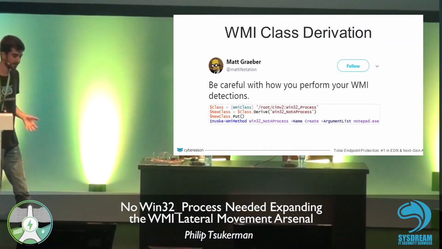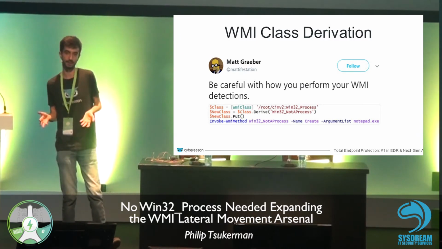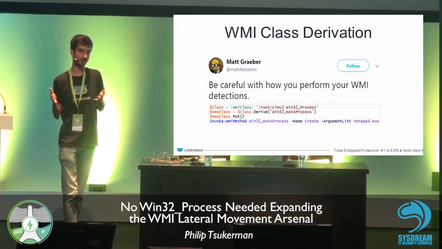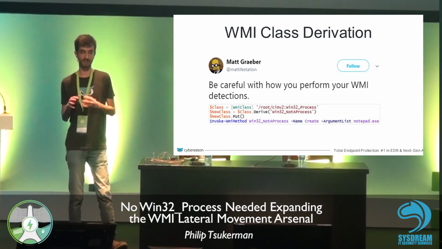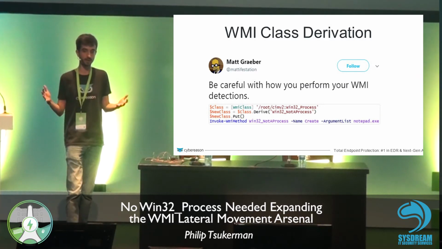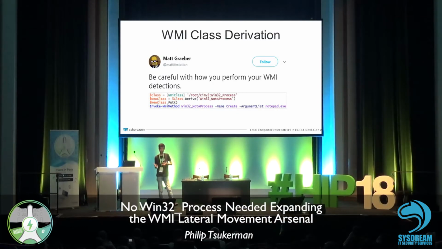So the first technique isn't really a new lateral movement technique, but it's an evasion technique, first publicly implemented by Matt Graeber. And it abuses the fact that WMI is an object-oriented model. And just like every single object-oriented model, it has a class hierarchy. This means that we could create a subclass of Win32 process and use this instead.